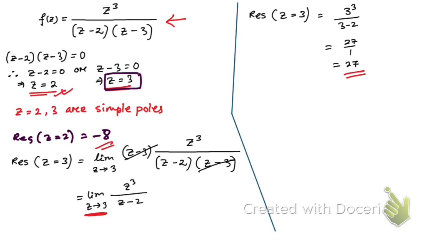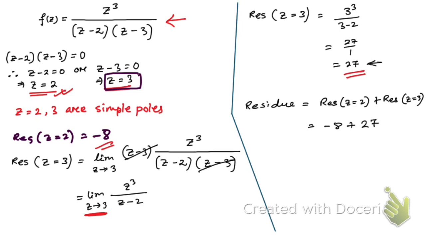So the residue of this given function will be given by the residue at the pole z is equal to 2 plus the residue at z is equal to 3. At z is equal to 2 we had minus 8, so let's put minus 8, and then we got 27. Let's add these two, one is negative and another is positive, that's going to be 19 here. So this is the answer, right? Hope you have understood this.